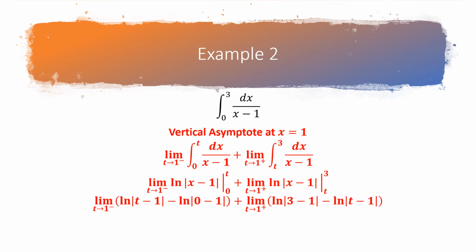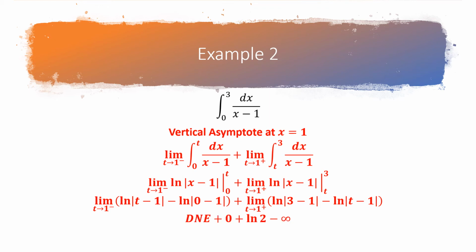So then plugging in those bounds, I get the limit as t approaches 1 from the left of ln of t minus 1 minus ln of 0 minus 1, plus the limit as t approaches 1 from the right of ln of 3 minus 1 and then minus ln of t minus 1.